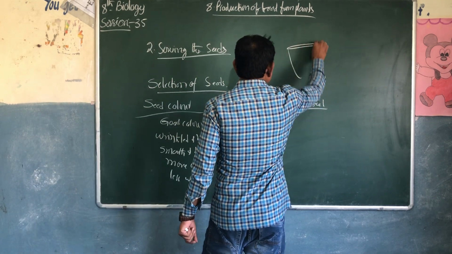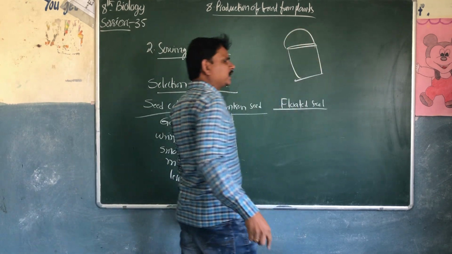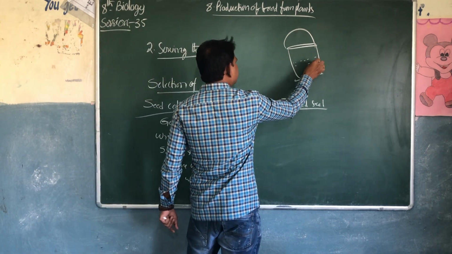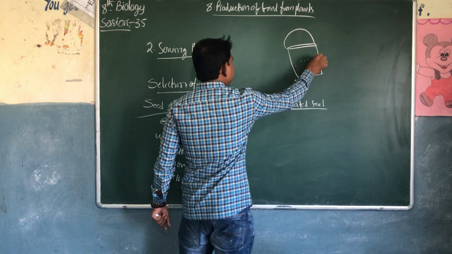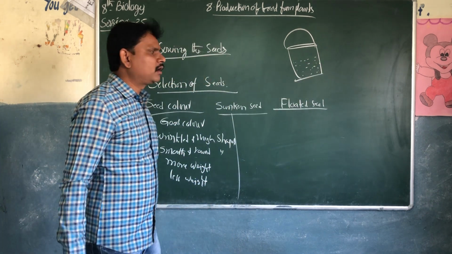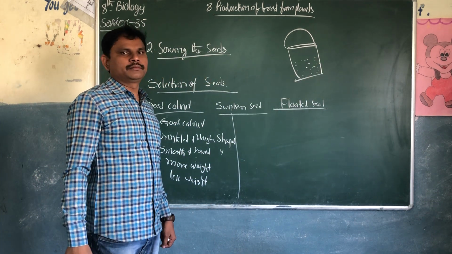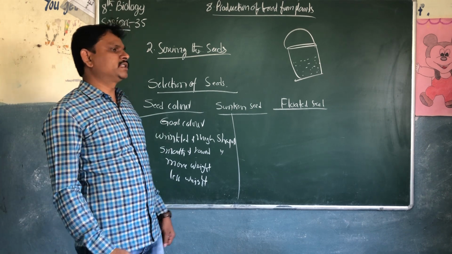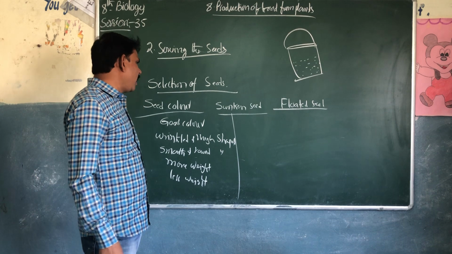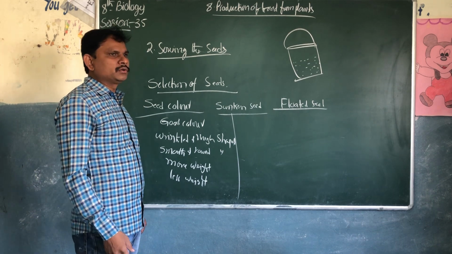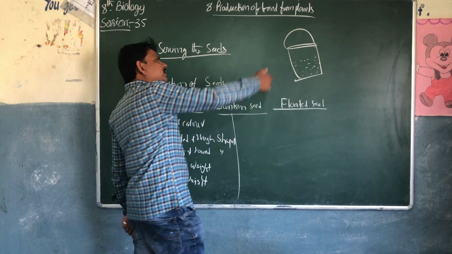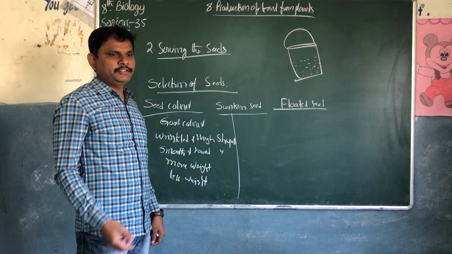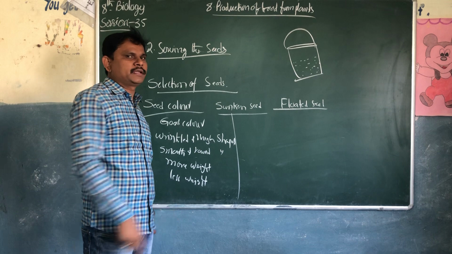We can do this activity at home. Fill half of the bucket with water. Take a handful of seeds, any type of seeds. Now we are going to pour the seeds into the bucket containing water.